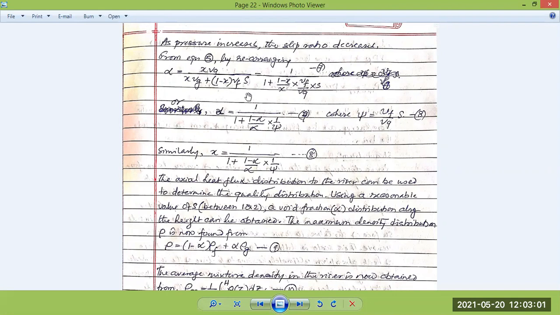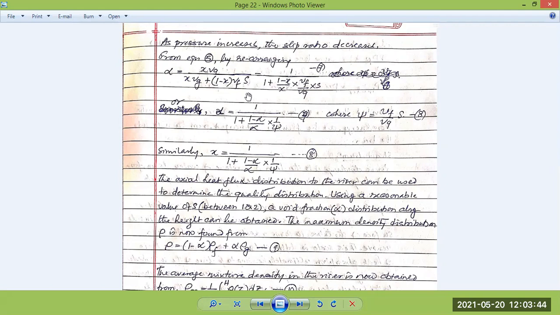If we simplify it further by dividing both top and bottom by x into Vg, the velocity of the gas itself, it becomes 1 plus 1 minus x divided by x into Vf by Vg multiplied by S. Now alpha thus becomes 1 divided by 1 plus 1 minus x by x into 1 by tau, where tau is the density ratio, df by dg.